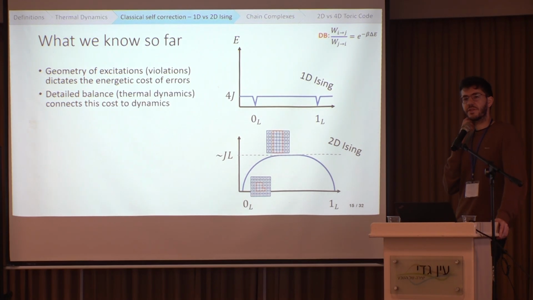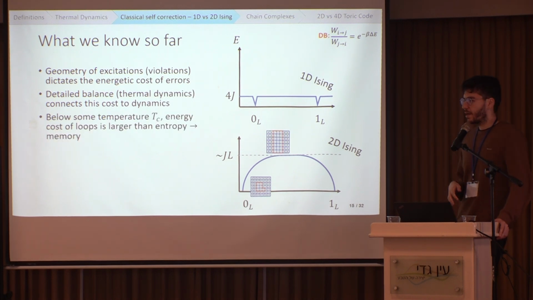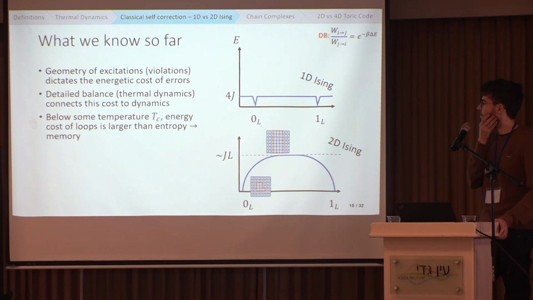And we also saw that thermal dynamics, or detailed balance, is what connects this energetic cost to the dynamics. And in the case of loop excitation, below some critical temperature, the energy cost of a loop is larger than the entropy, and then we get memory.